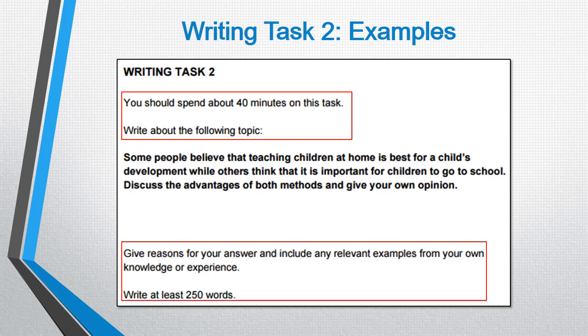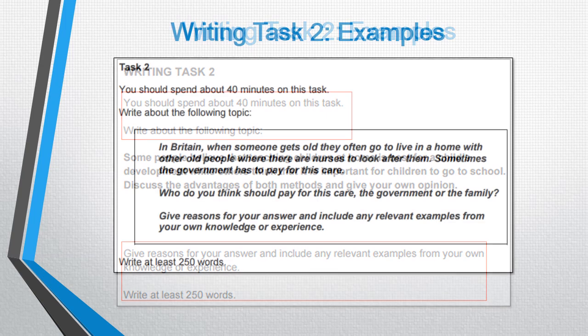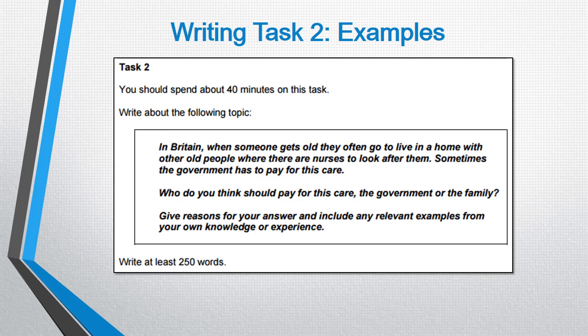Let's have a look at another one. As you can see in this one, again we've got the same instructions at the top and underneath. And the question this time is, in Britain, when someone gets old, they often go to live in a home with other old people where there are nurses to look after them.